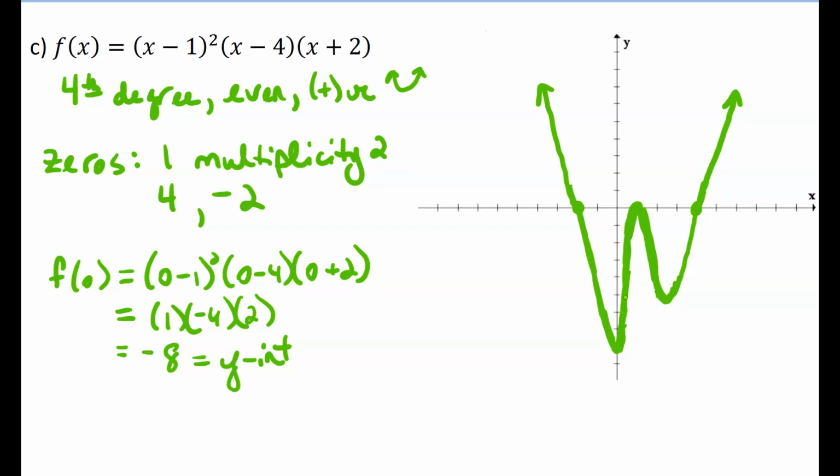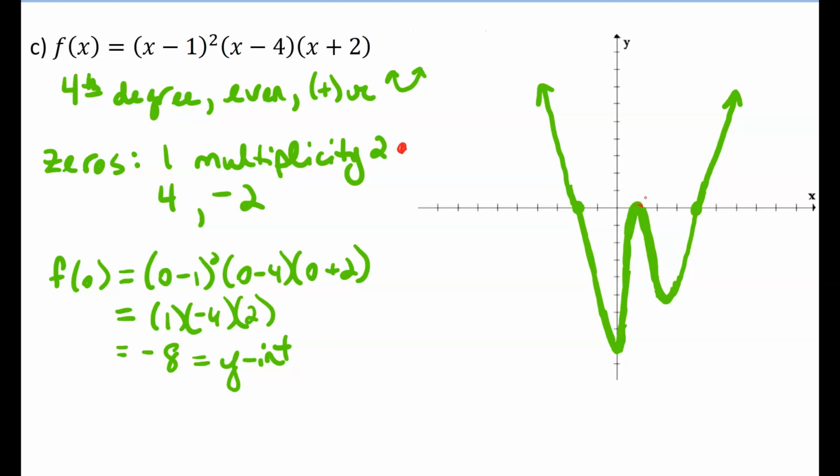Wait, so we know that it turns like that because of the even multiplicity on 1. So remember we said 1 has an even multiplicity. So does it have to turn down or do they both turn up? Well, we already started from the downward direction. Yeah, because we had that y-intercept. Okay.